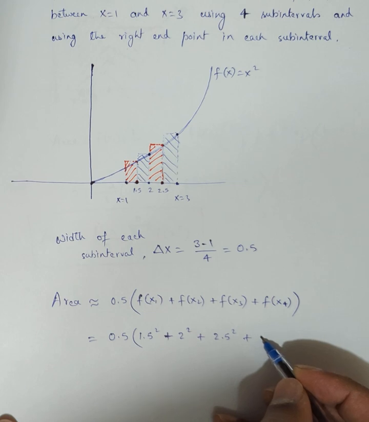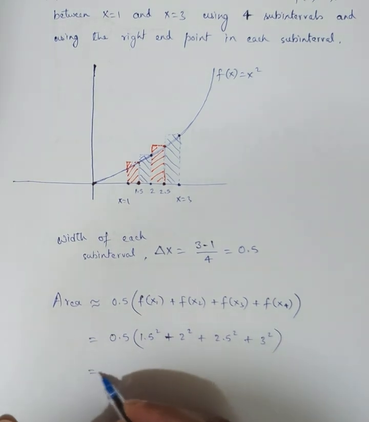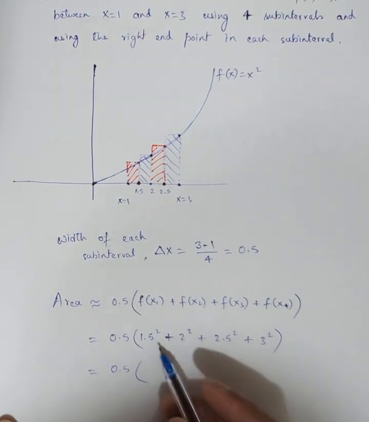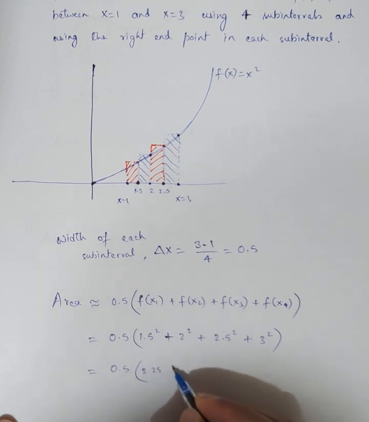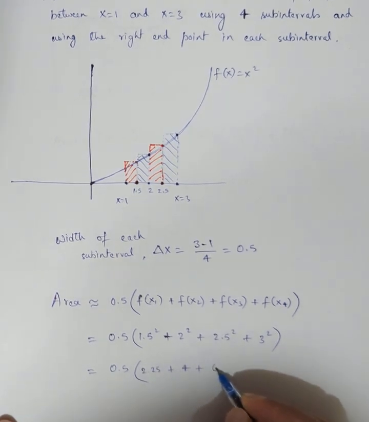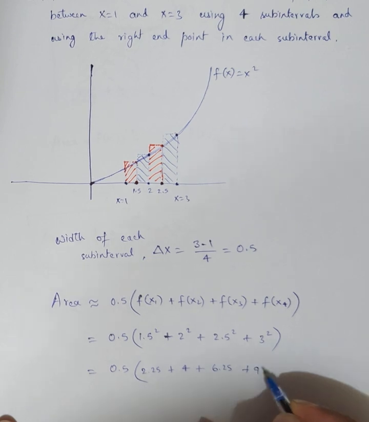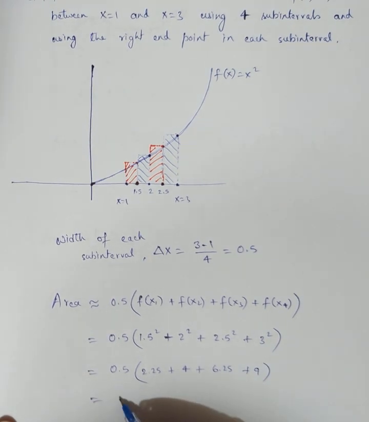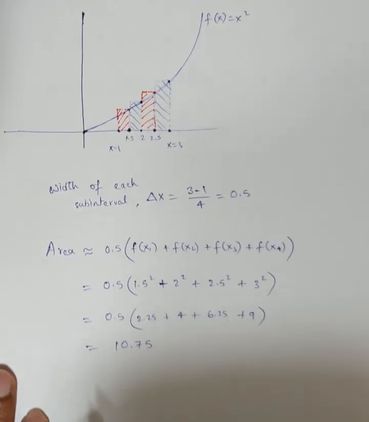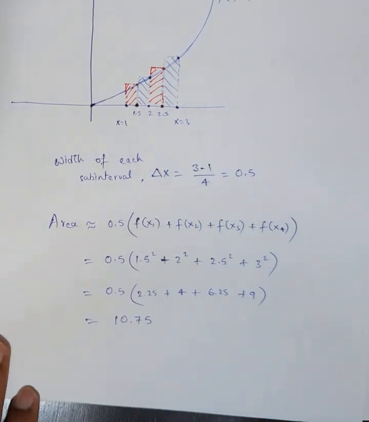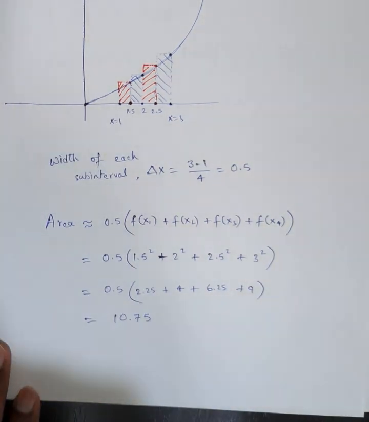And f of x4 is 3 squared. So that's going to be 0.5 times 2.25 plus 4 plus 6.25 plus 9. And I calculated it. It came out to be 10.75. So that's the area under this graph.